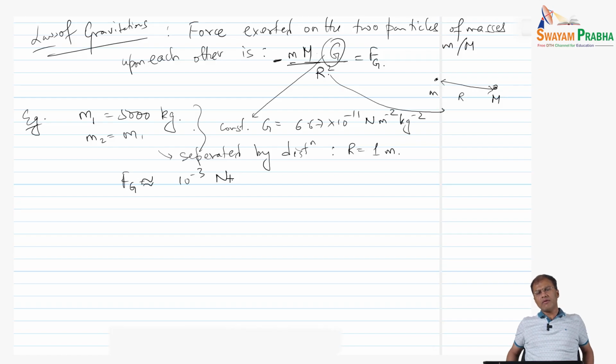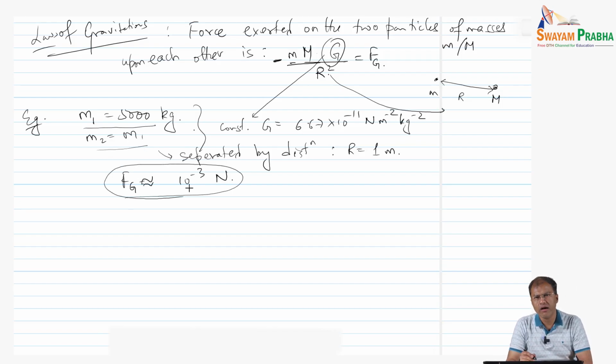So that is what I am trying to highlight. Even for such large masses, this force fails to show its effect because the force is very tiny, right? Now typically this force is going to act if we talk about bodies with masses of the order of the satellites. For example, typically the gravitational force acts on large bodies like Earth or Sun.